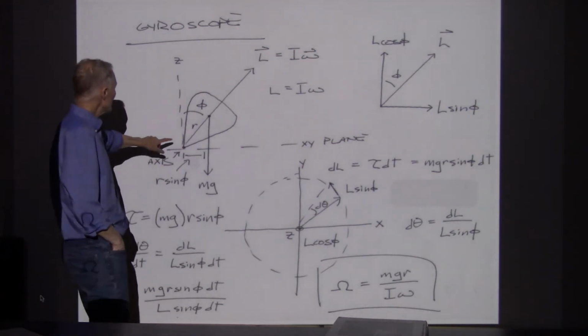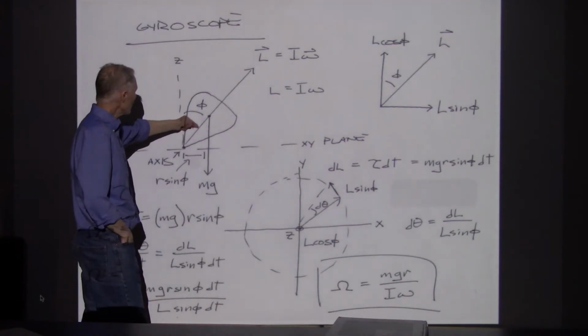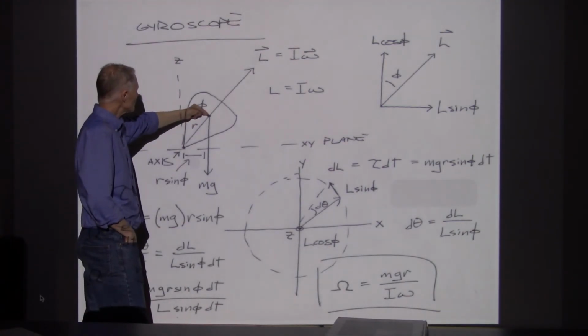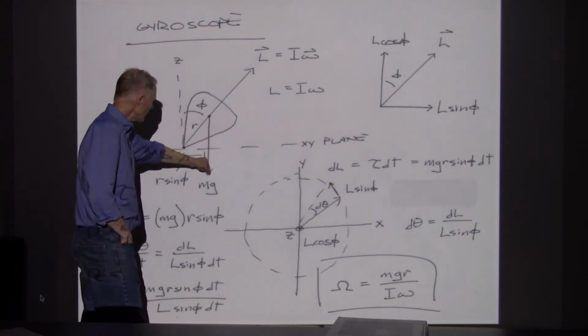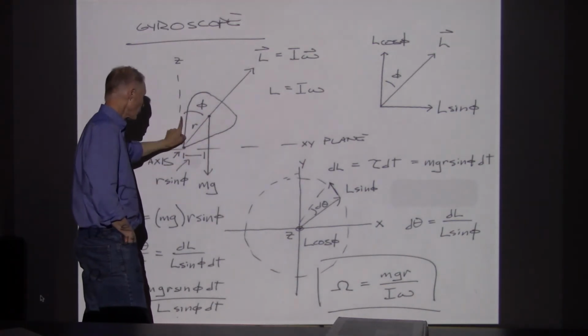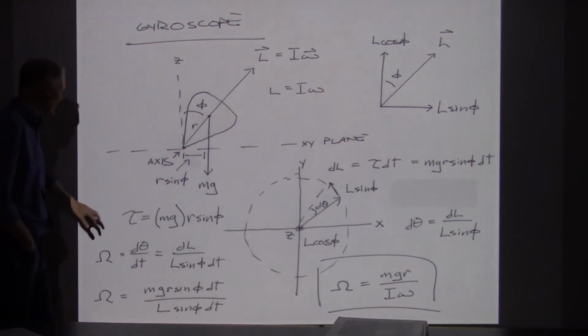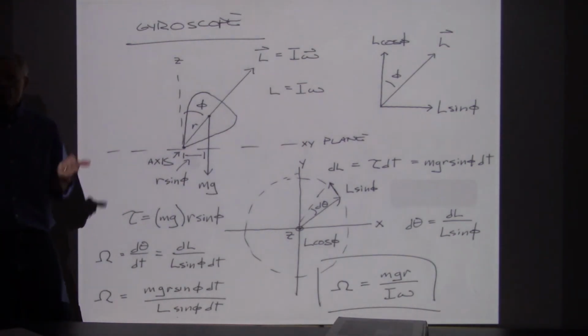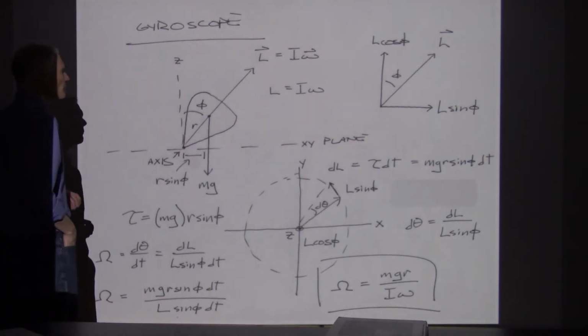So the axis we're measuring around is where the top is in contact. And then when we come up to the center of mass, this is where the mg force is applied. Here's the normal force here. So we're going to have a lever distance of r sine theta and a gravitational torque given by mg r sine of phi.